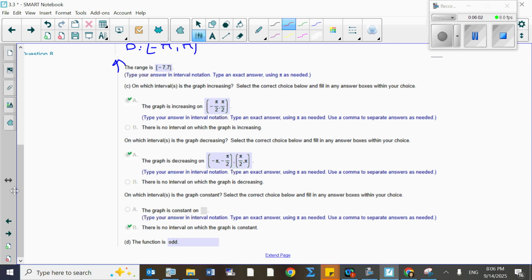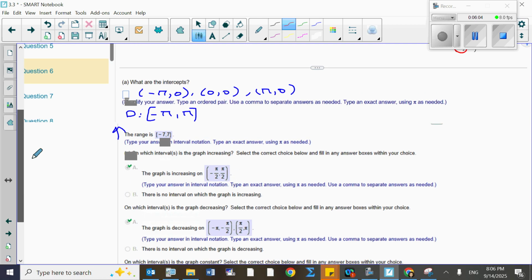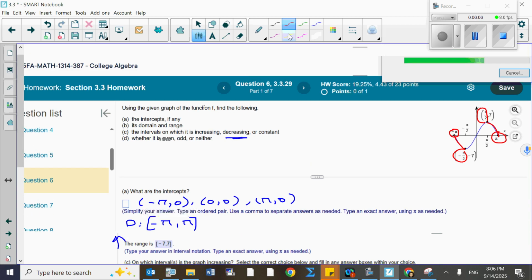And the last part is asking if the function is even or odd. The function is odd because I see that for every point on my graph, there's a mirror on the other side of the origin. This function is symmetric to the origin. You see, this point has a mirror on this side. This point has a mirror on this side. So if the function is symmetric to the origin, it's odd.